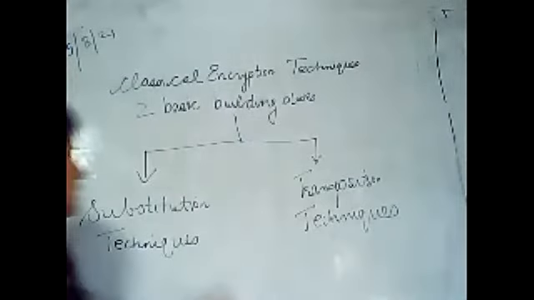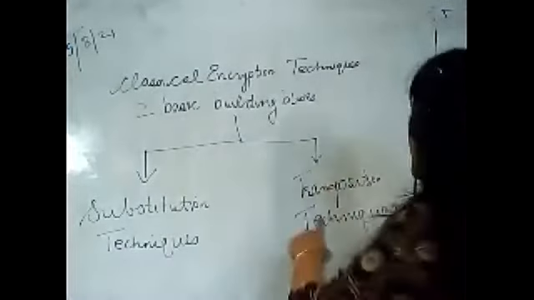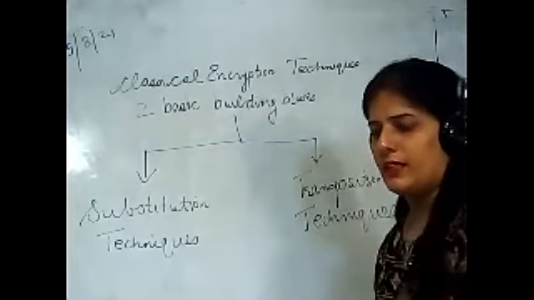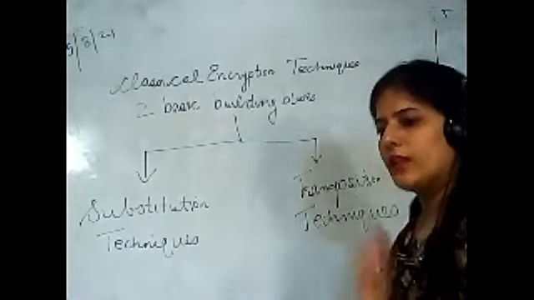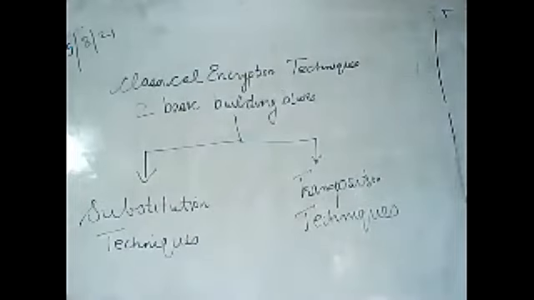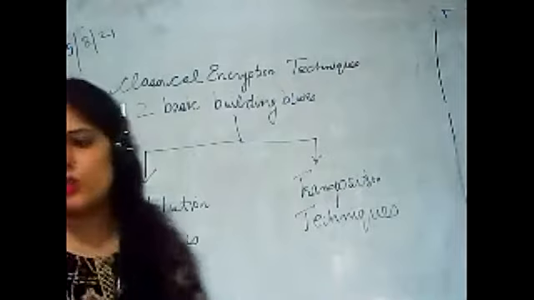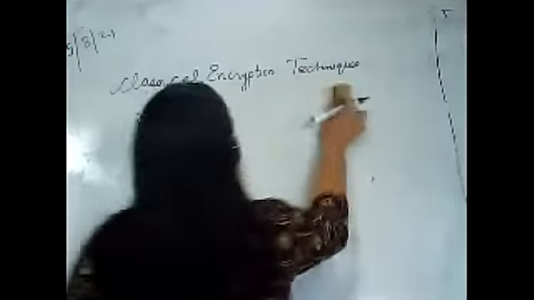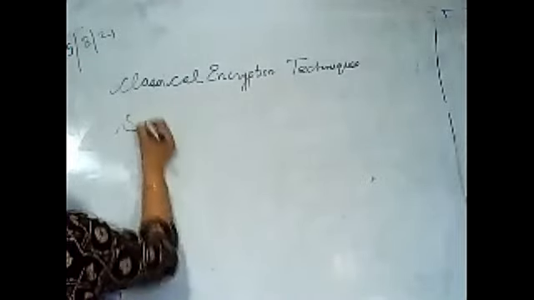One is your substitution technique and the other one is your transposition technique. Now, how can we represent each of these techniques? We will discuss one by one. The first technique that we need to discuss is the substitution technique.